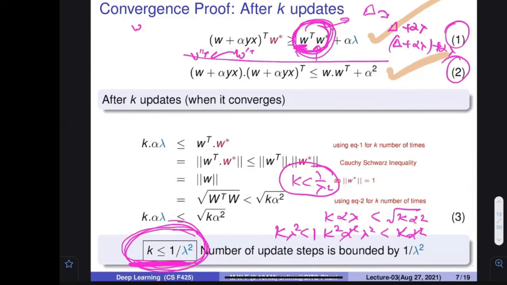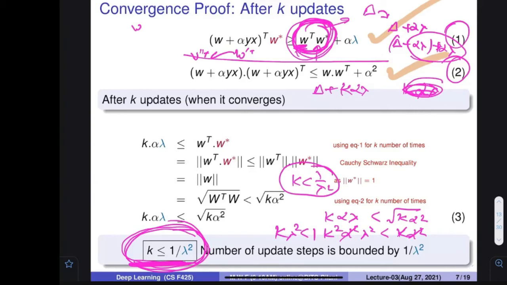So after k updates, k times alpha lambda is being added. So the overall quantity is going to be delta plus k times alpha lambda. Makes sense? If I remove this delta part, I can say that W transpose W star is greater than that particular quantity.